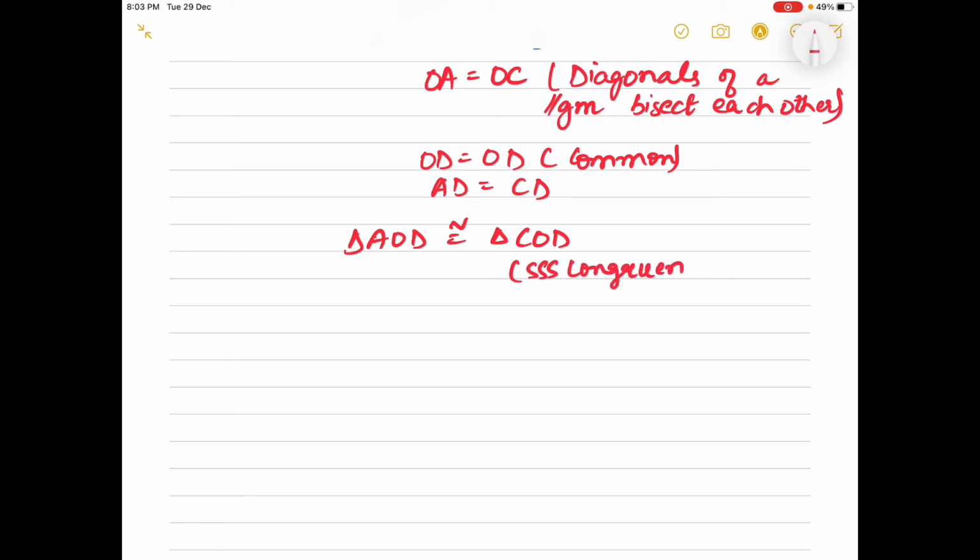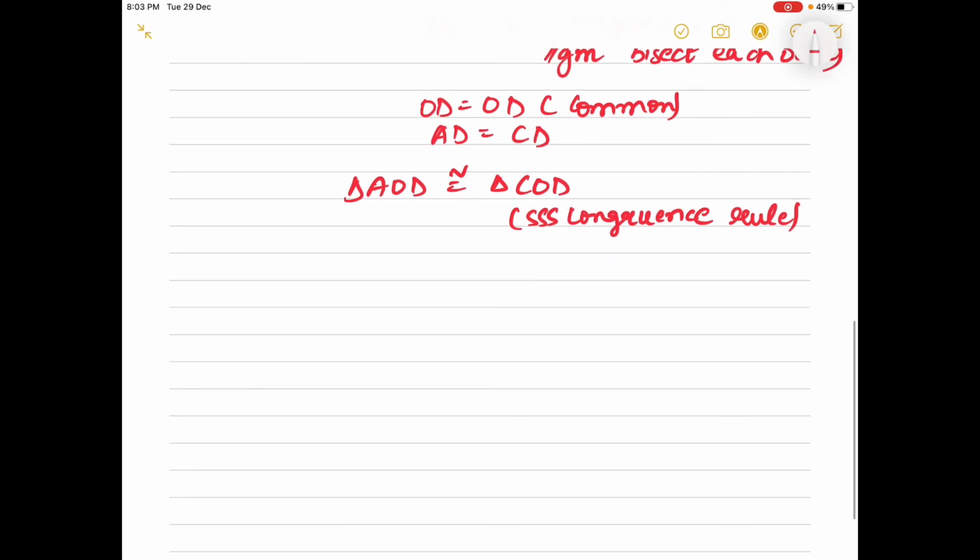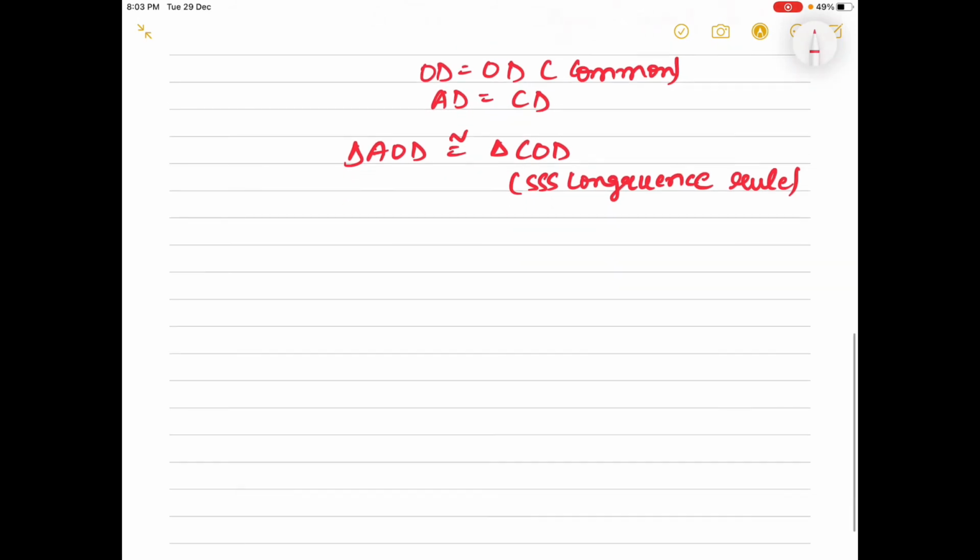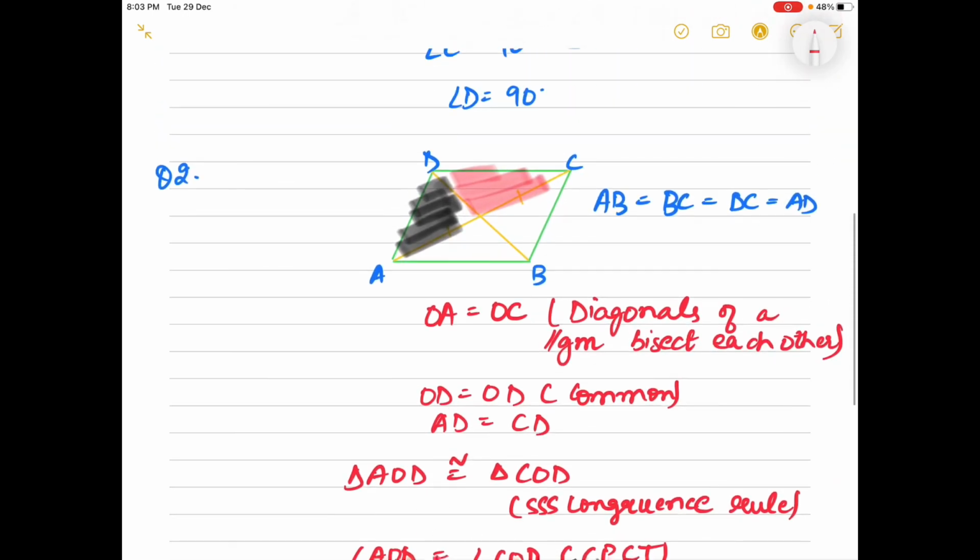You have to mention all the properties and all the rules on the basis of which you are solving your question. So these two triangles are congruent to each other. This gives angle AOD equal to angle COD by CPCT, corresponding parts of congruent triangles. It means this angle is equal to this angle.